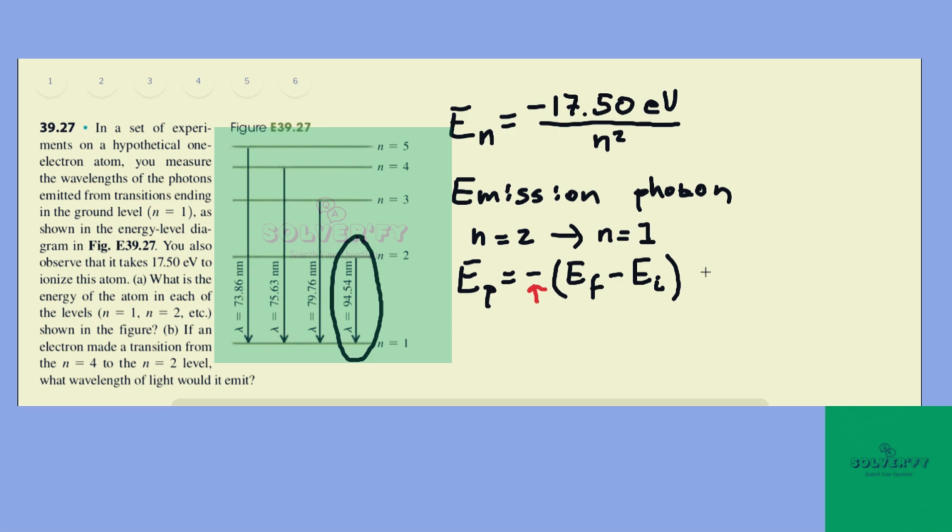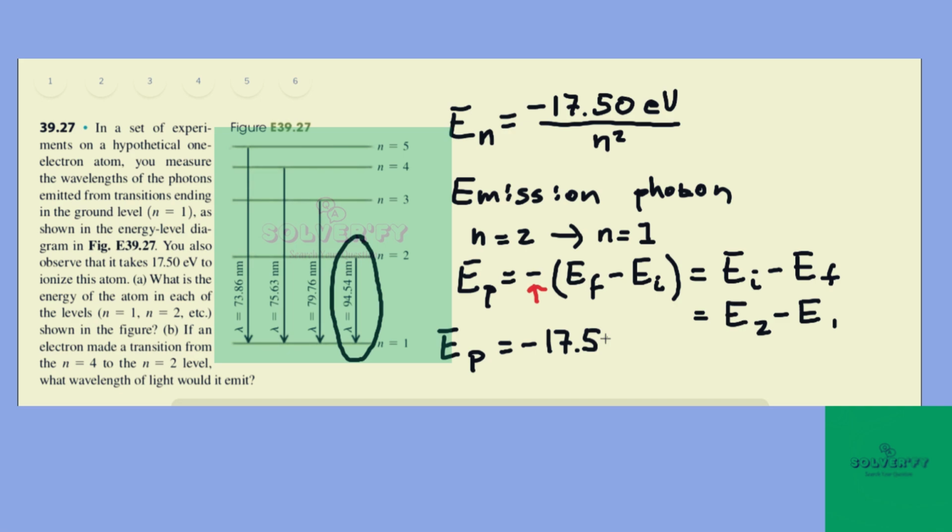So we can also rewrite this as E initial minus E final, which is E2 minus E1. So we have the energy of our photon is negative 17.50 electron volts, and I'm going to factor that out since it's common to both E2 and E1, times 1 over 2 squared minus 1 over 1 squared.